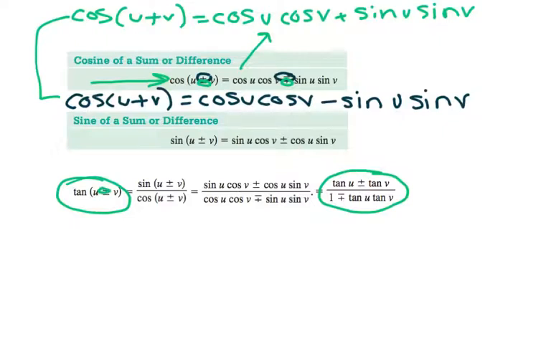But if it's tangent of u minus v, then you're going to have tangent of u minus tangent of v over 1 plus tangent of u tangent of v. So again, if you have the top part happening, for instance, in this case, an addition of two angles, then you use the top part of each of these symbols there. Again, just a shorthand so that they didn't have to write it twice.